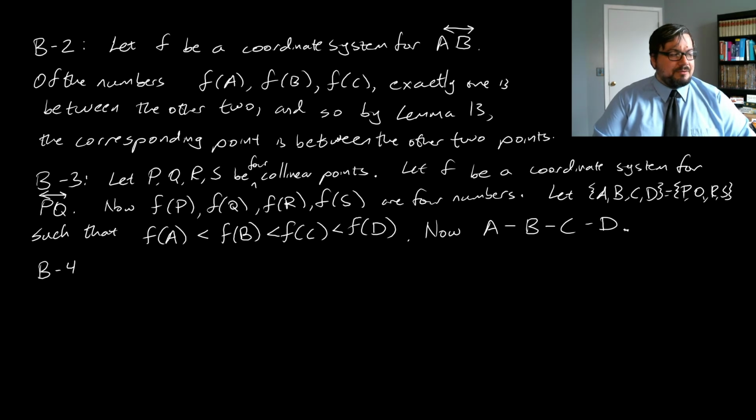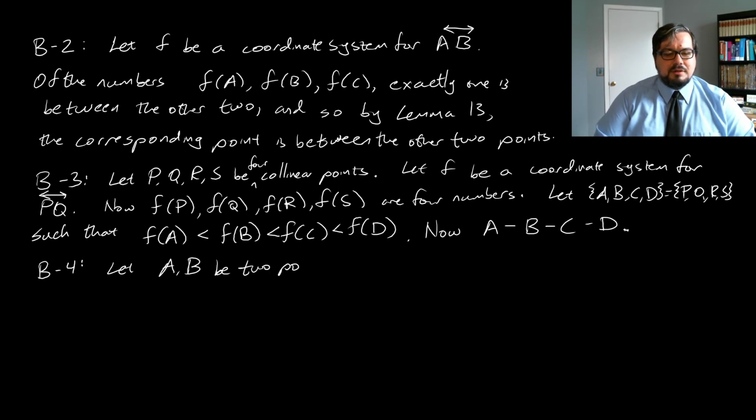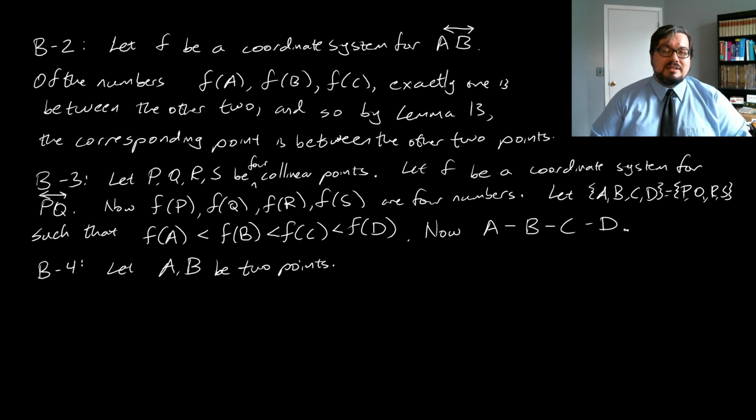And then finally B4 says let A and B be 2 points, and we want to find a point that's between A and B, and we want to find some point D such that B is between A and D. So here we're going to use our ruler placement theorem for the first time.